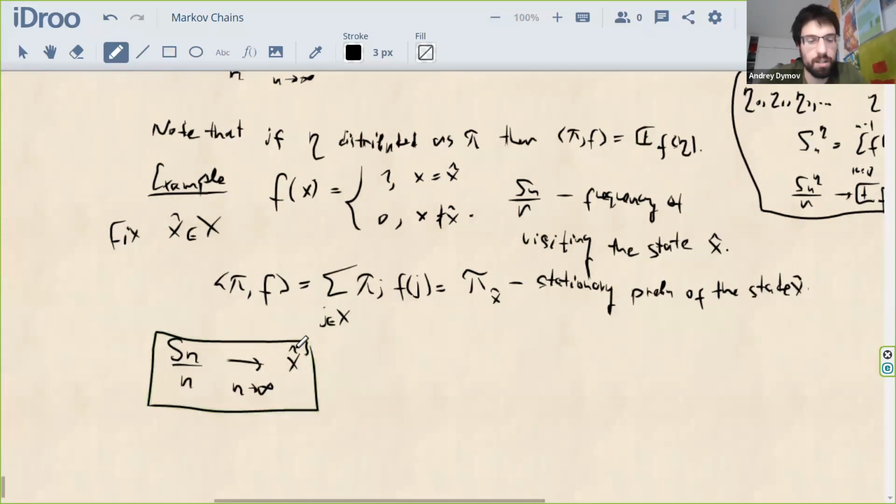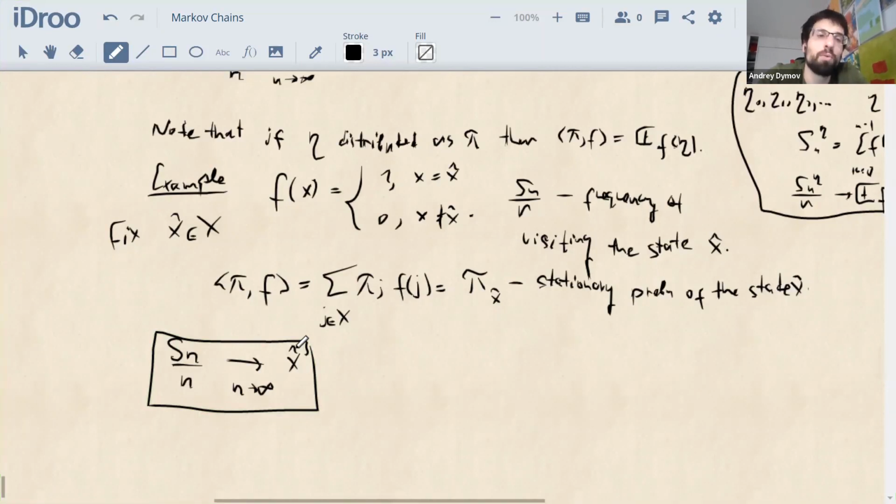Those of you who are familiar with ergodicity in the sense of dynamical systems will find that this is exactly that. In dynamical systems, one says that a dynamical system is ergodic if the time average of observables converges to the space average.